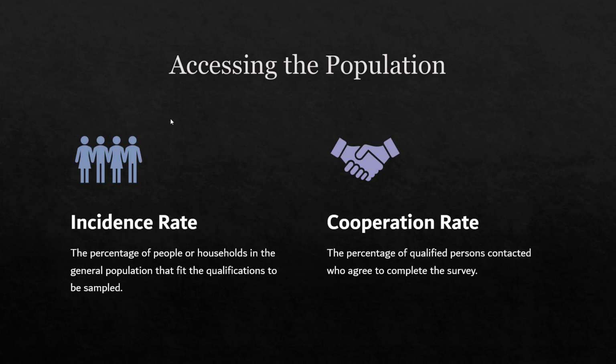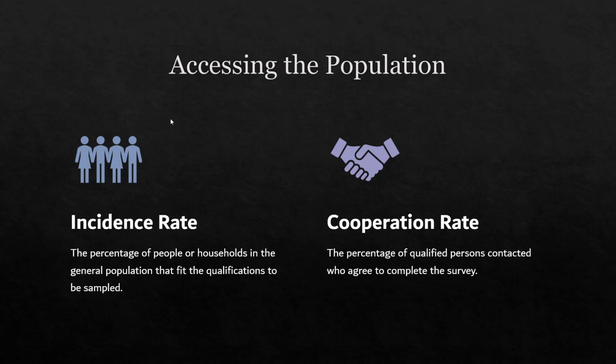Obviously, that's different from the response rate, which is who actually responded, versus who intended to respond. Those are two different things. Obviously, the response rate would be lower than the cooperation rate, and the cooperation rate would be lower than the incidence rate. Okay, so that's how we assess the population.